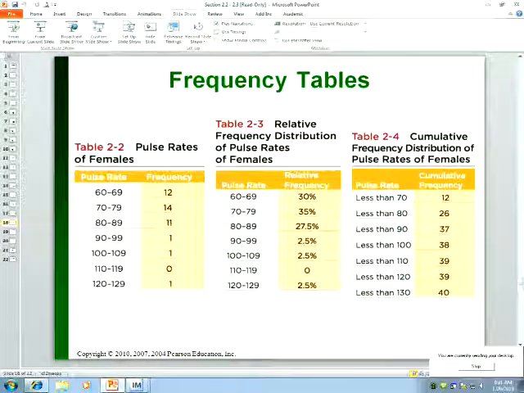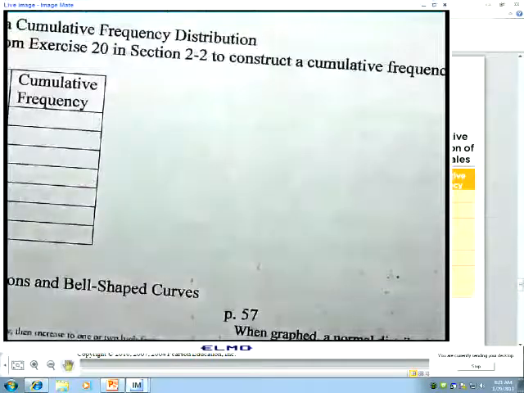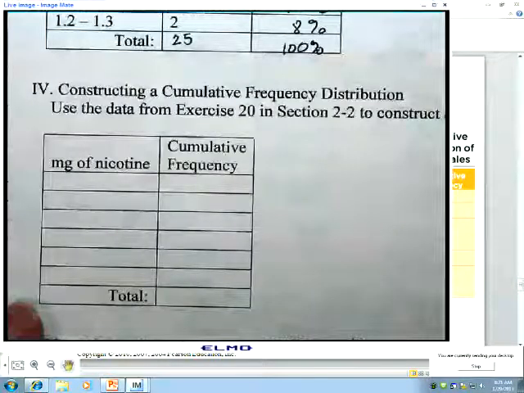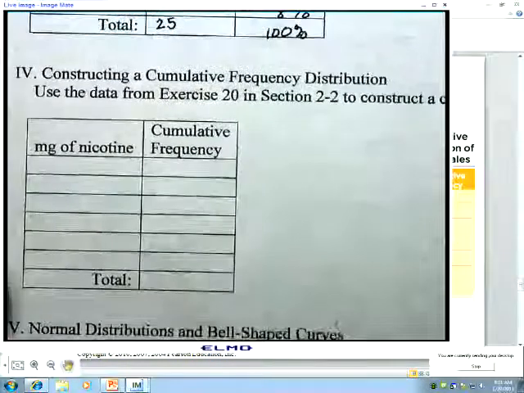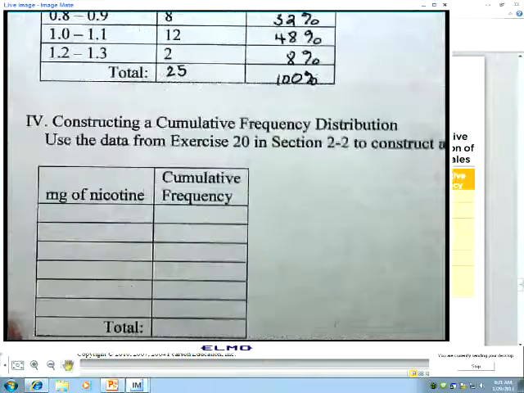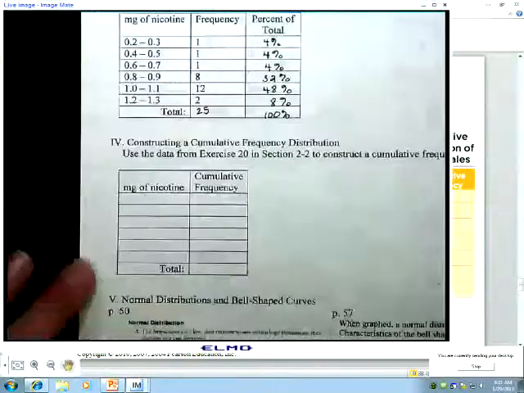So let's do the same thing with our cigarettes. Use the same data to construct a cumulative frequency distribution. Well, right above that, we have our frequency distribution.